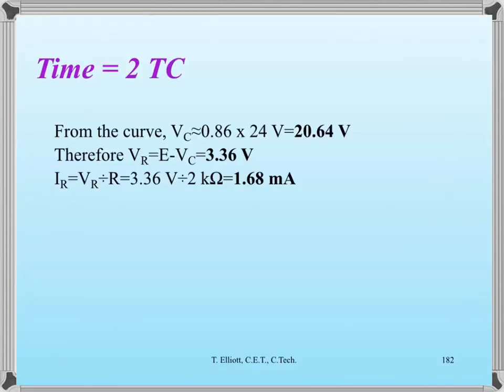Okay, so at two time constants, just an FYI, this would be 2 times 400 milliseconds, so that would be 800 milliseconds. We're going to go to the curve, and we're going to say that is 20.64 volts. Once we know the capacitor voltage and we know E, we subtract using Kirchhoff's voltage law to get the resistor voltage, and then use Ohm's law to divide to get the current.